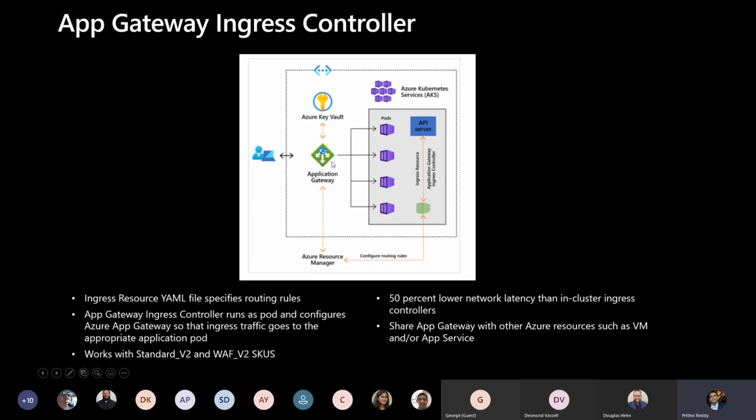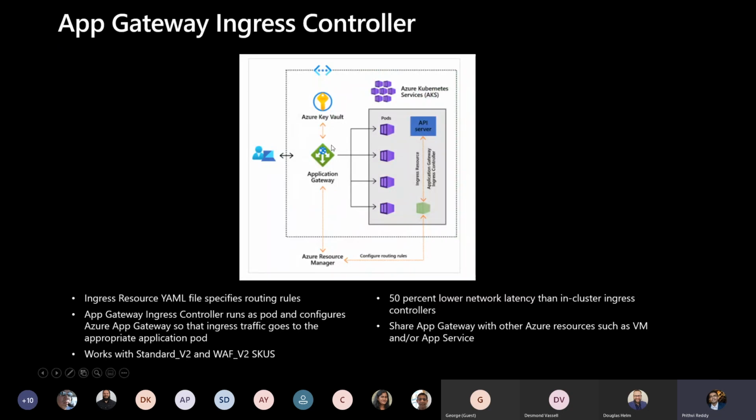By App Gateway being able to directly access the pod IP, it reduces your network latency by up to 50%, when compared to the in-cluster ingress controller. The other benefit is that now that you have this App Gateway, you can share it with other resources such as VMs or app service.